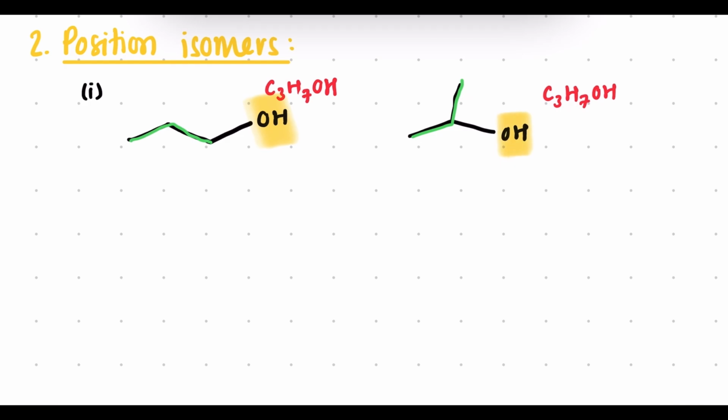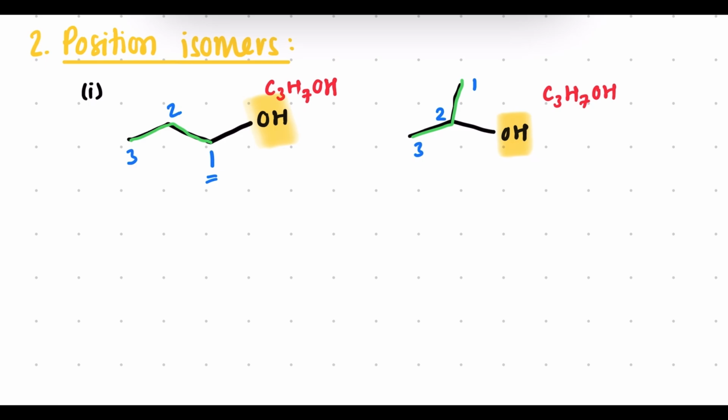So if we number these carbons according to the lowest locant set, you'd get 1, 2, 3, 1, 2, 3. In the first compound, you see that the OH is bonded to the first carbon.